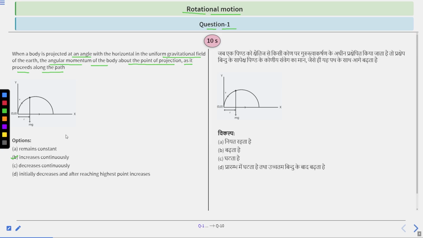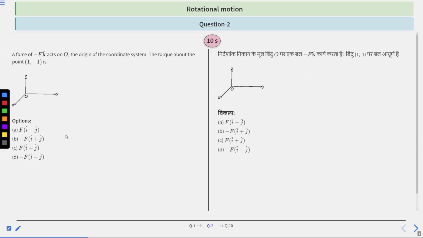Next question. Question second. A force of minus F k cap acts on O, the origin of the coordinate system. The torque about the point (1, -1) is... From this diagram, this is the x-axis, this is the y-axis, and this is the z-axis, and this is the origin.